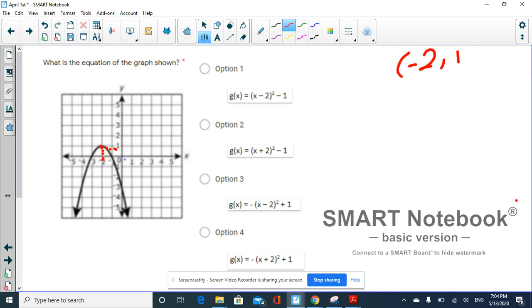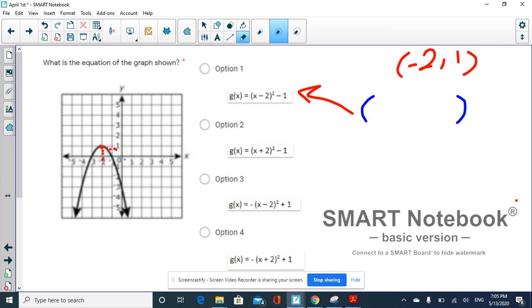Okay, sorry, this is the vertex. What is the vertex from this one? We know how to find the vertex. We just learned how to find the vertex in question 1. How can you find the vertex for this one? And you have to notice something before choosing any of these choices.